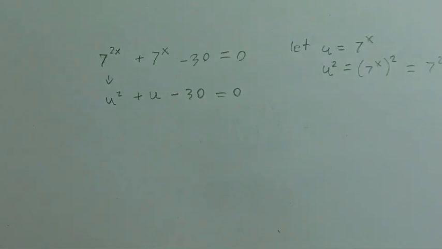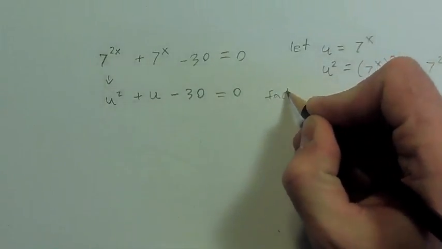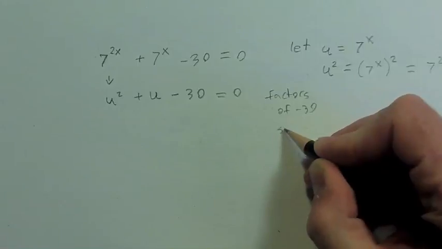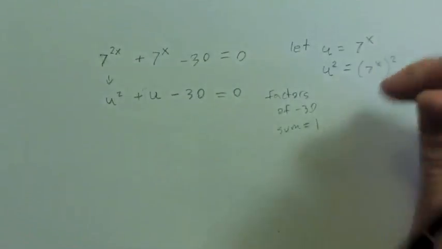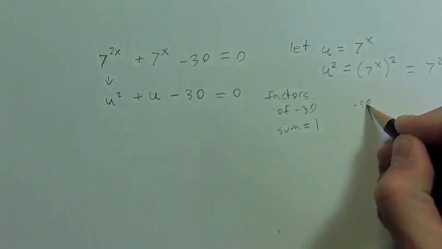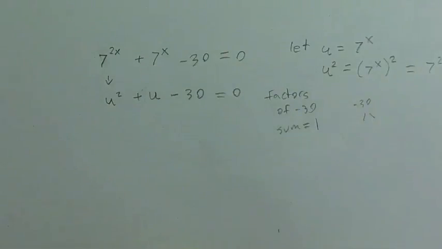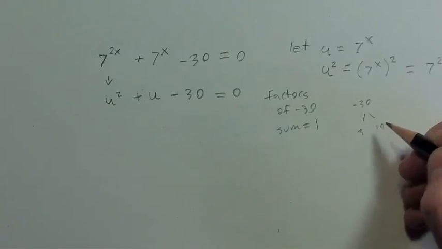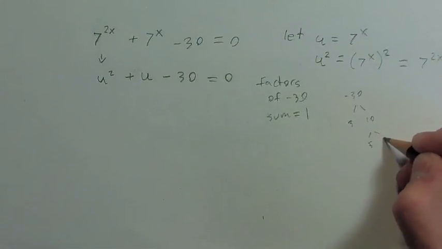Okay? And now this is just a quadratic. Now we want factors of negative 30 that sum up to equal this middle term, 1. So one's got to be positive, one's got to be negative. Negative 30 is, of course, 3 and a 10, and then that's 5 and 2.